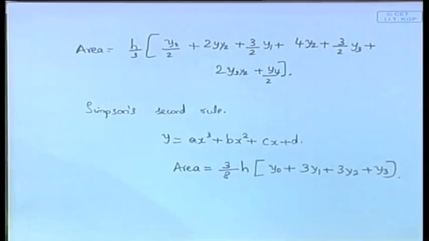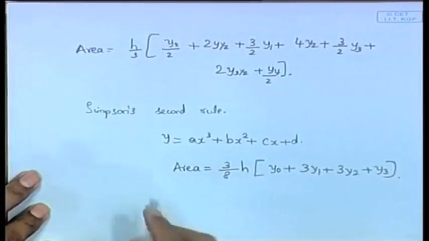Now, suppose you have a problem like this, with 1 2 3 4 5 6 7 ordinates.